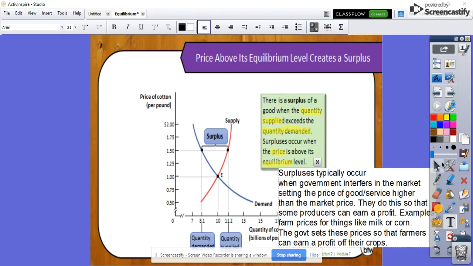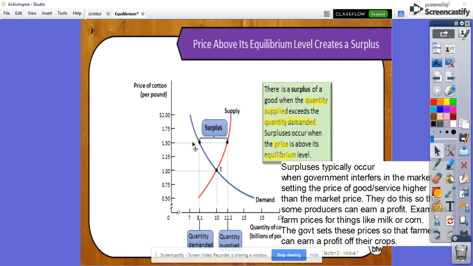So on this graph, you'll see that the surplus price has been set at 50 cents above $1, so $1.50. You can tell that the quantity supplied exceeds the quantity demanded because when you go to the quantity lines off of the two lines, you see supply is over here at 11.2, whereas the quantity demanded is at 8.1.